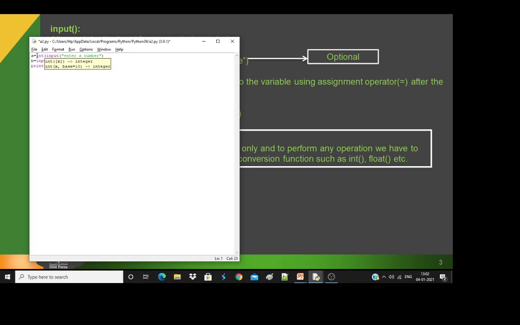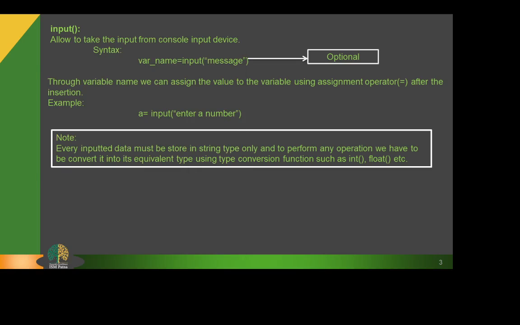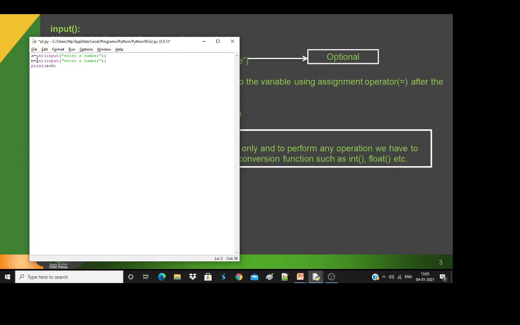So whatever we get from the input device is automatically converted by the int function first and then stored in the a variable. Again, it works similarly with the b variable also. The int function, which is also a predefined function, automatically converts the string data into its equivalent integer form.